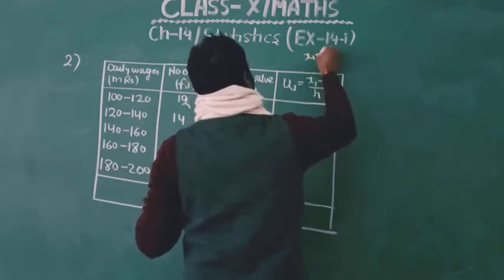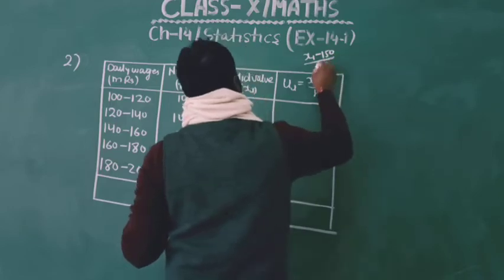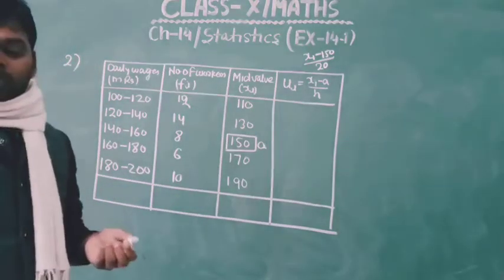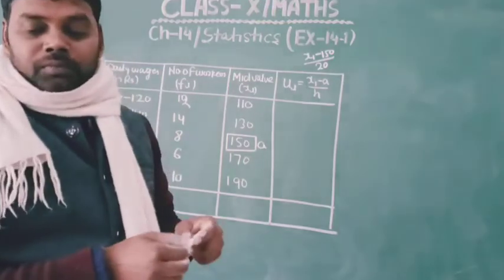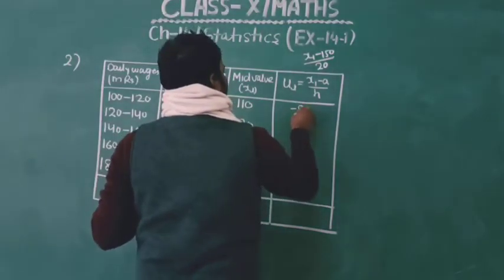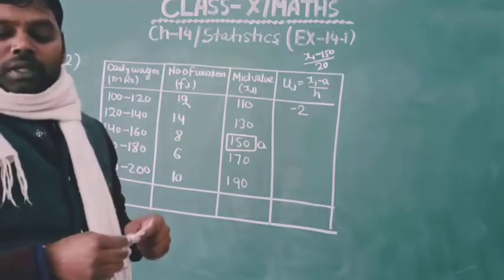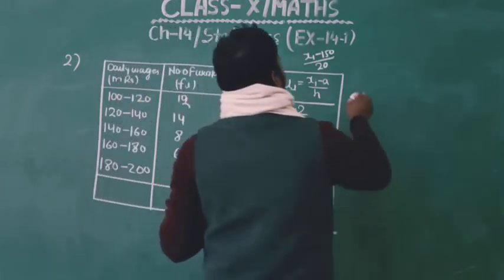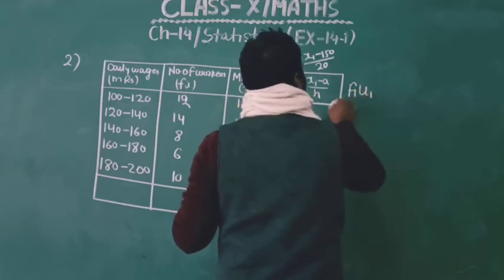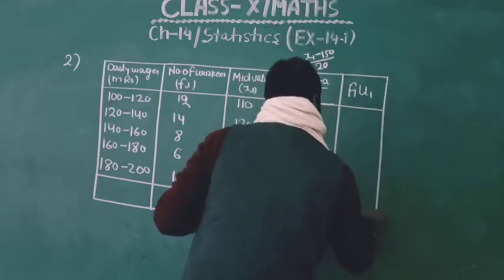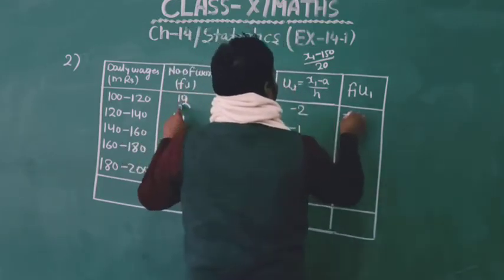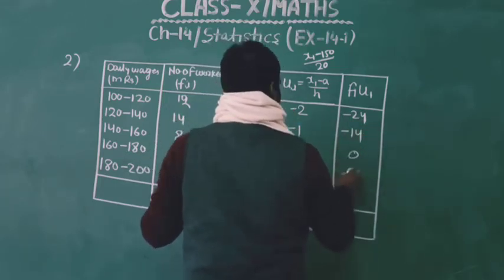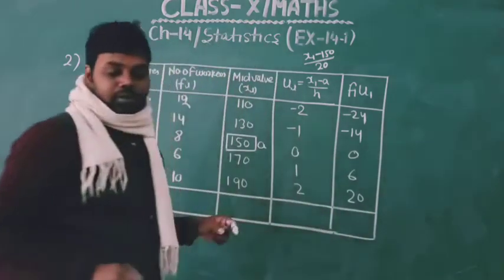Here we get minus 2, minus 1, 0, 1, 2. Next find fi ui: minus 24, minus 14, 0, 6, and 20.